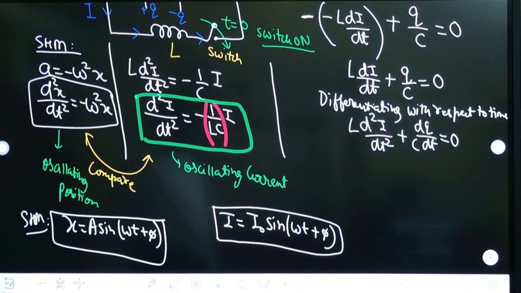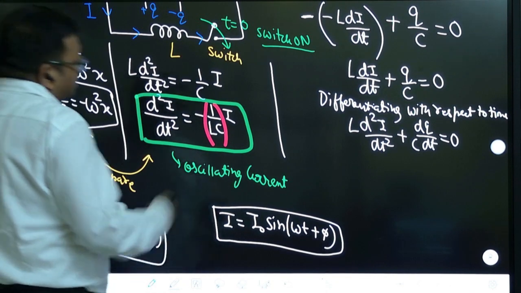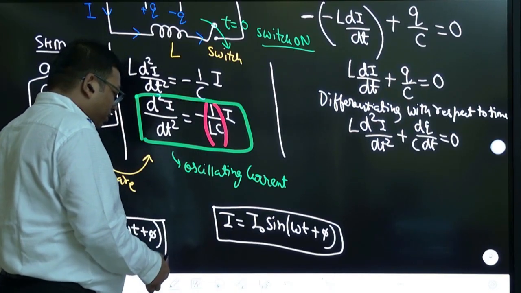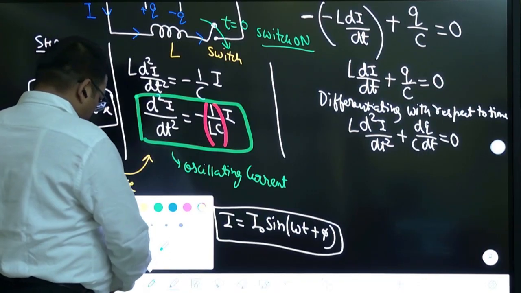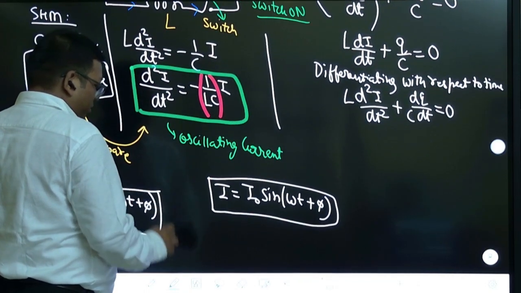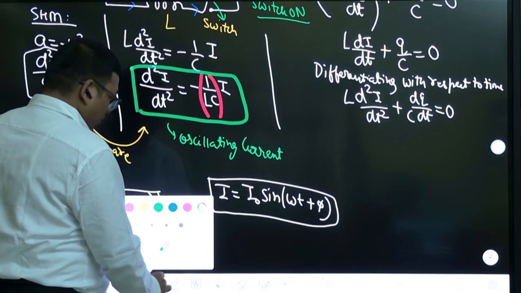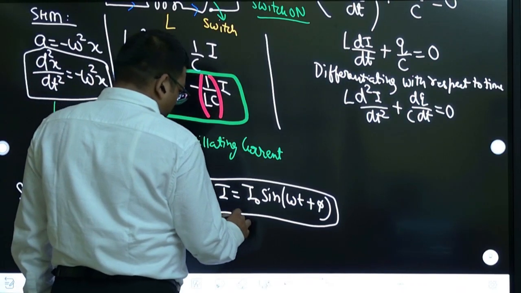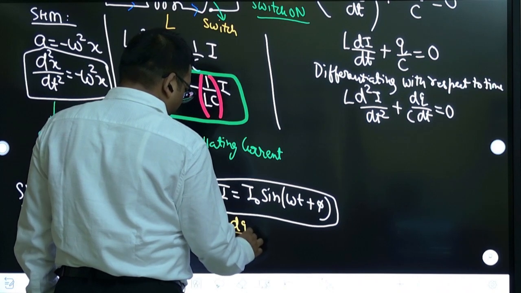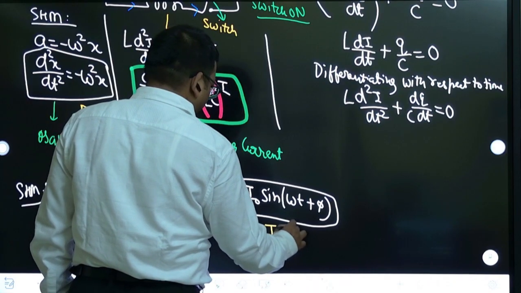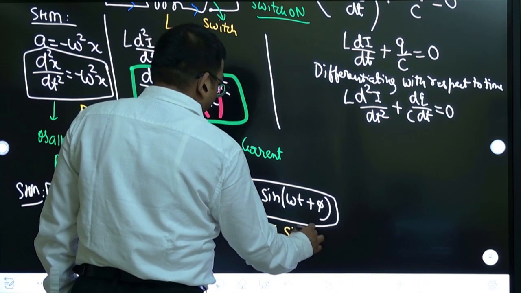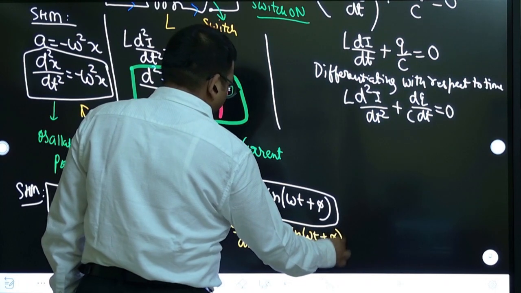Now you may ask how charge is changing. Charge also changes, because I is dq by dt. We can substitute it. So dq by dt is I naught sine omega t plus phi.